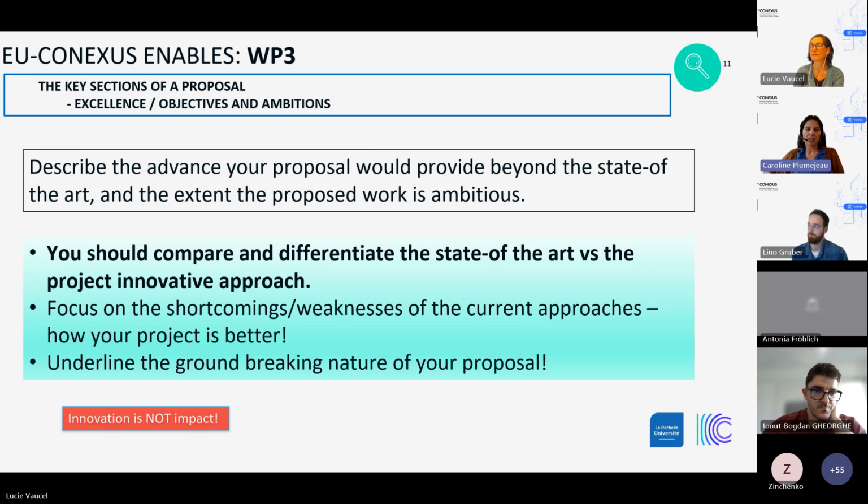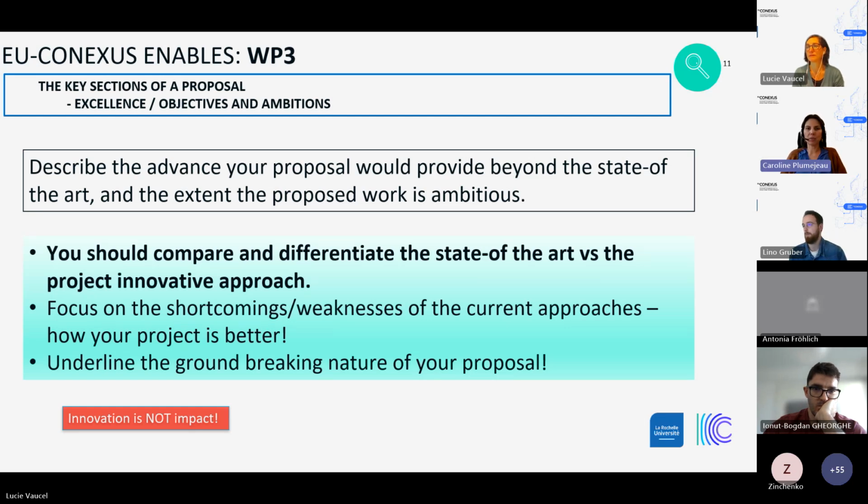Then, establishing the knowledge gap is an essential step for explaining how the project plans to go beyond the state of the art in the field. It's the leap forward beyond the state of the art which will establish the project novelty and enable you to present an ambitious project proposal.